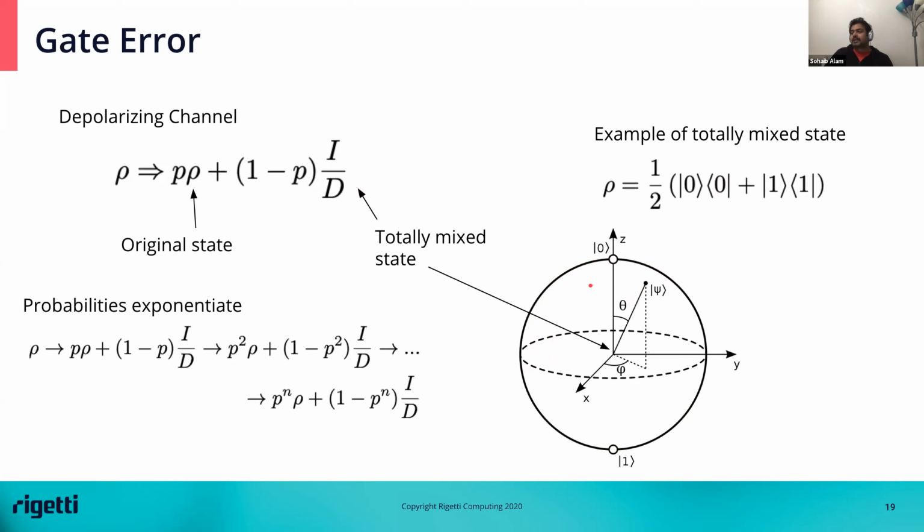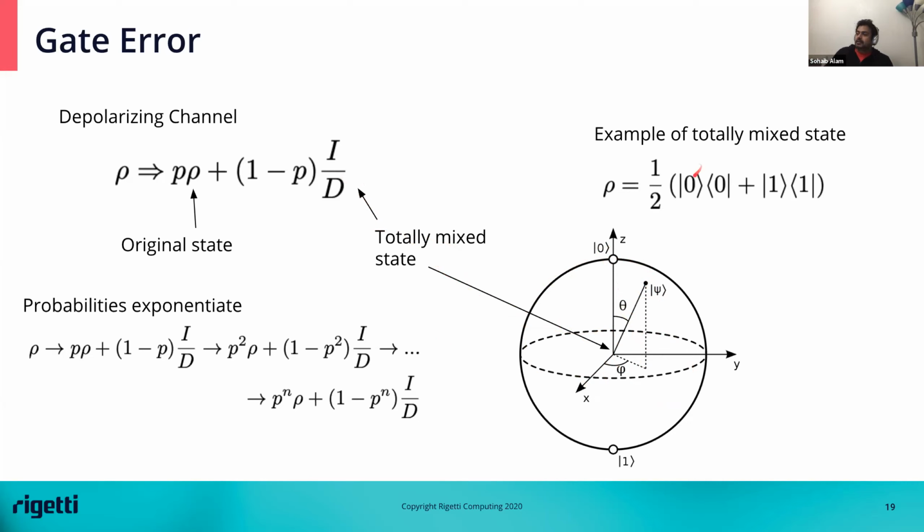But those states on the surface of a Bloch sphere are actually pure single qubit states. That's a very important point, because not all quantum states belong there. There are lots and lots of quantum states that are somewhere inside the sphere. They're not on the surface. The only states on the surface are the pure one qubit states. And in fact, this totally mixed state lives exactly at the origin.